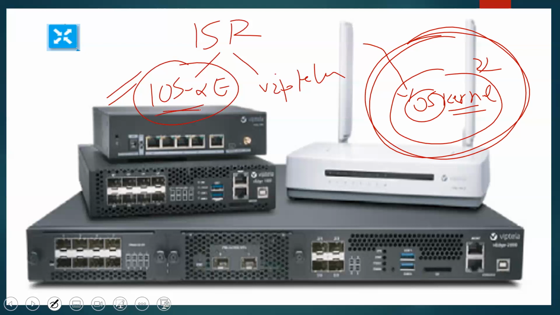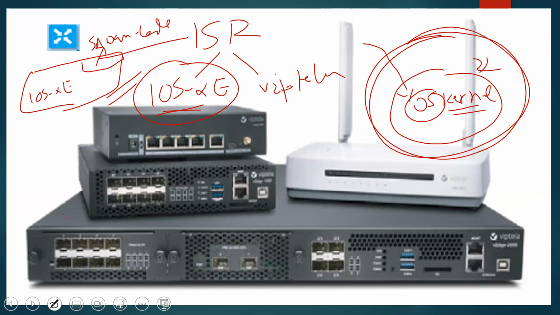Now, since this IOS XE was not evolved as an SD-WAN operating system, what happened with Cisco is that you have some space in your router where you have IOS XE, and then somewhere they have put some sort of SD-WAN code. You got my point? Like you're writing one big program. Suppose this is your operating system program, and in that you don't have any SD-WAN awareness.